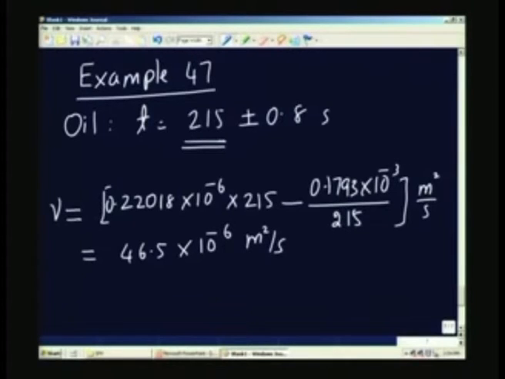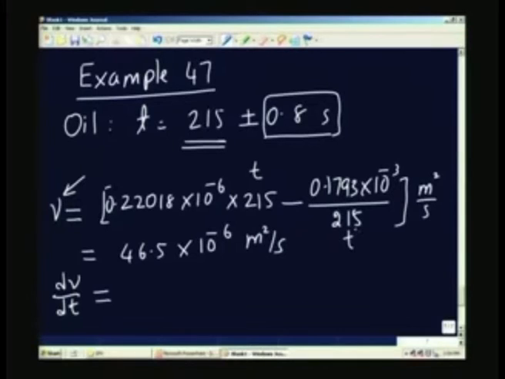Now, I want to determine, because of the uncertainty in the time measurement, what is the uncertainty in this one. So, for that I have to find out the derivative of nu with respect to time. So, d nu by dt will be, this is actually t, this is also t.